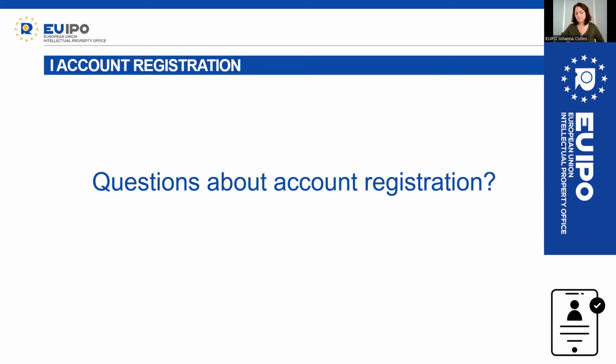For implementation reasons, because as you know, some member states are still implementing the directive, the decision is not taken yet in a number of member states. So it's still in the process. And in those countries where there is no contact point appointed, the EUIPO administrator is acting as contact point authority.